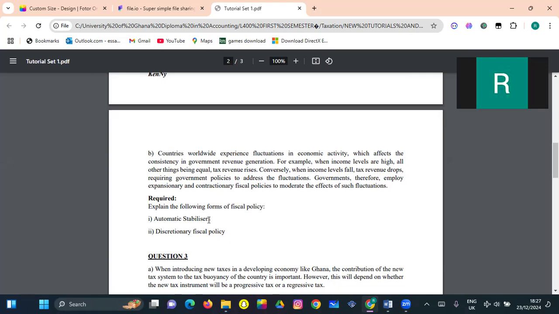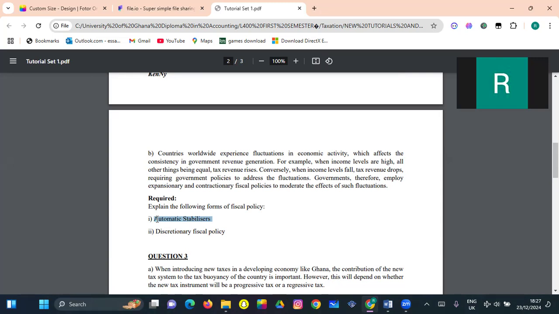So, for automatic stabilizers, it's more or less like an automatic way of making the economy run in an optimal form, right? So when there is more spending, the system is automatically adjusted to tax more so that the spending will reduce.